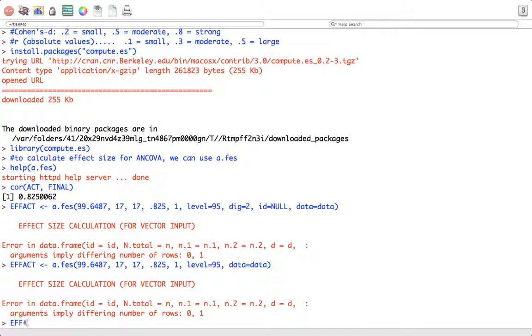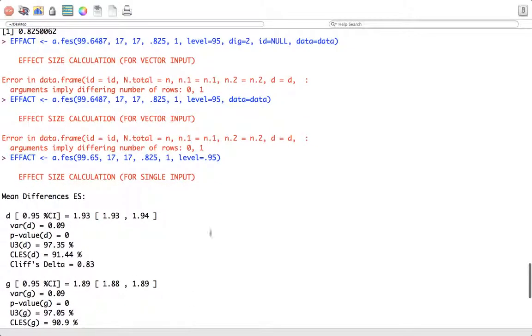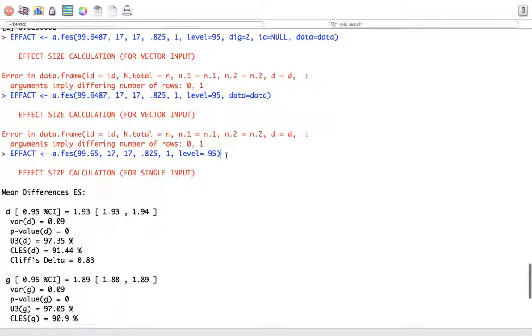Okay, effect for ACT, 99.65, 17, comma 17, 0.825, comma 1, level equal 0.95. Okay. For some reason, it didn't like that data equals out here. I don't know, because if you notice, all I did was just delete that, and it works.